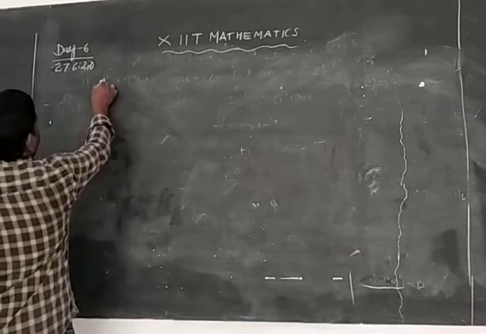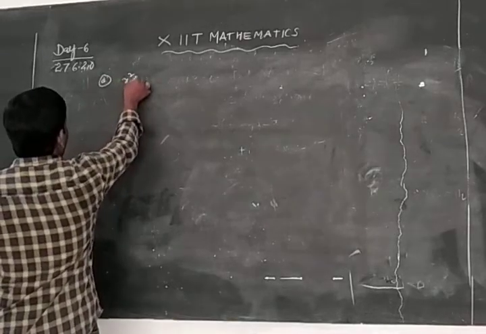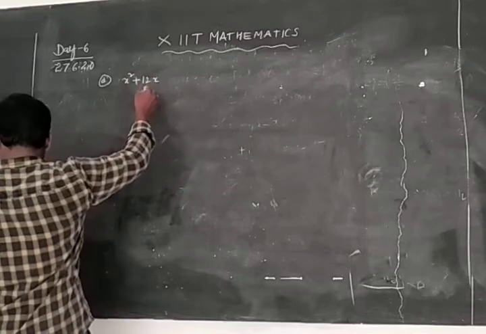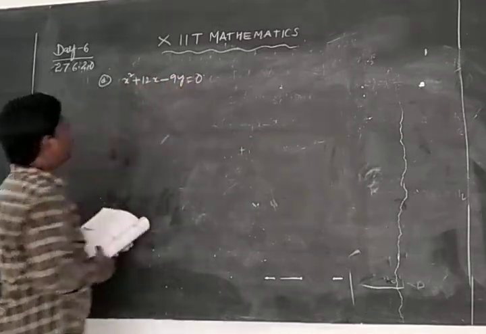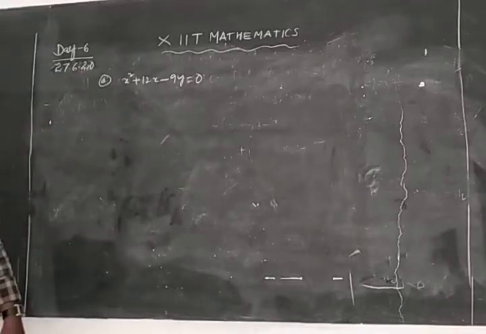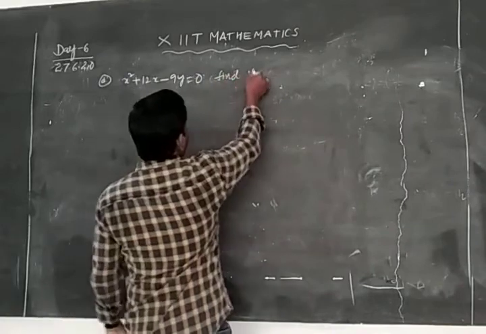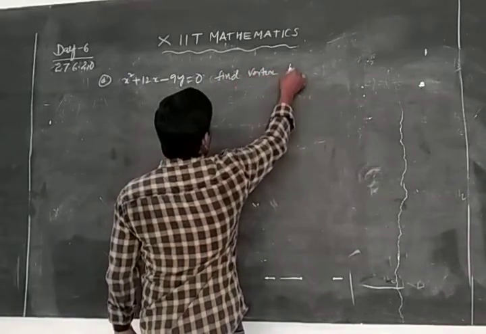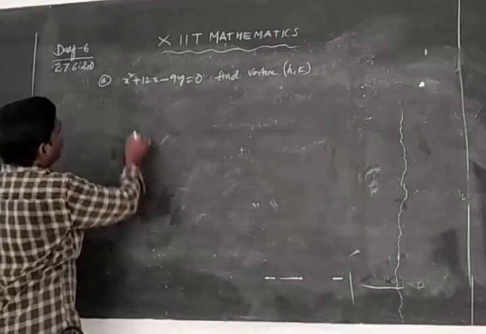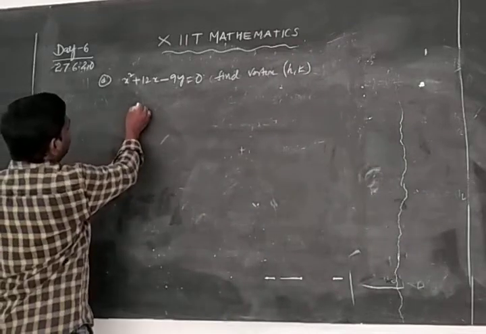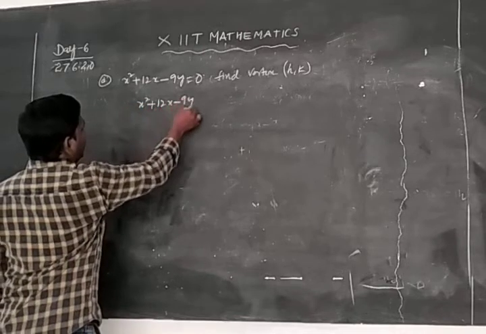Last one, D. X square plus 12x minus 9y equal to 0. Find vertex h comma k. X square plus 12x minus 9y equal to 0.